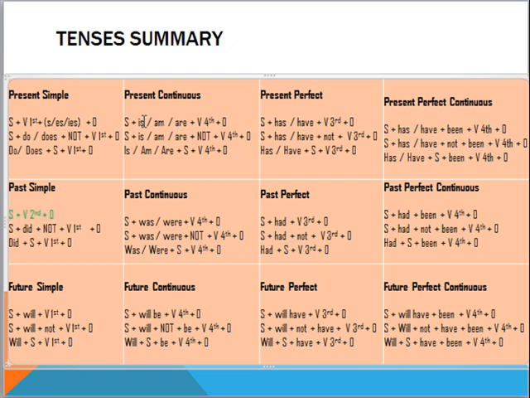Next to come, we use a helping verb and fourth form. In all continuous we use verb fourth form, the ing form, and then in present perfect, past perfect, and future perfect we use the verb's third form in all these three. And in the last we have present perfect continuous, where we use helping verbs with the verb's fourth form again. So fourth, third, fourth, and first except this one. So that was a summary of the tenses.